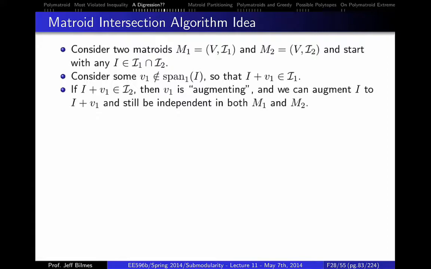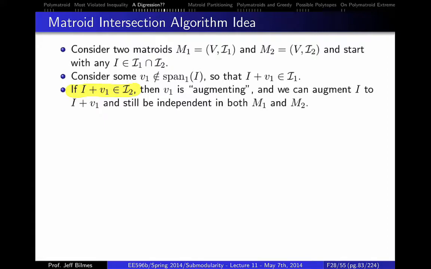So then, if it so happens that we're lucky, and I plus v1 is also independent in the second matroid, namely back in the bipartite matching case, if it happens that we're now touching a new vertex on the right-hand side as well of the bipartite graph, then v1, that one element, is now augmenting.